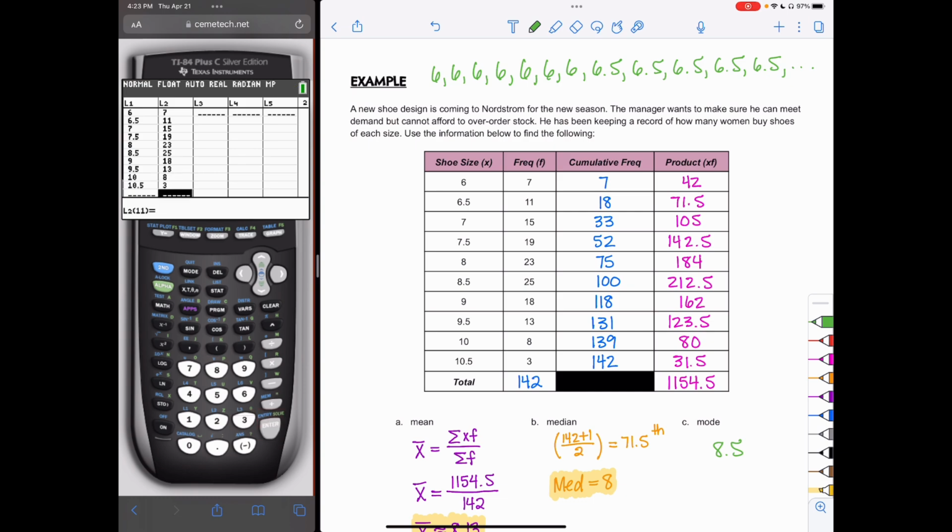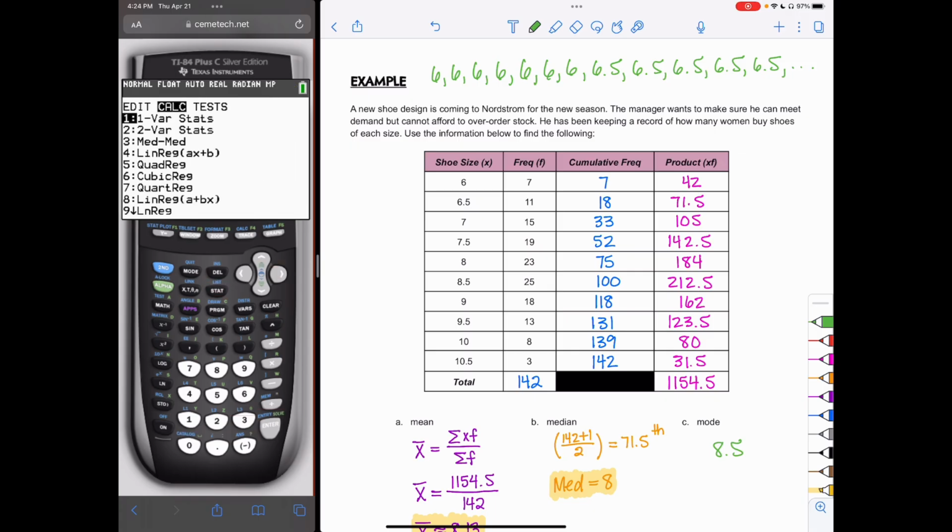All right, so now that I have that, I'm going to do just like I did before, and I'm going to press stat, go over to calc, and press one for one variable statistics. My list of values is in L1, however, the frequencies are in L2, so I have to press second and then the number 2 to bring up L2, and then I can calculate this information here.